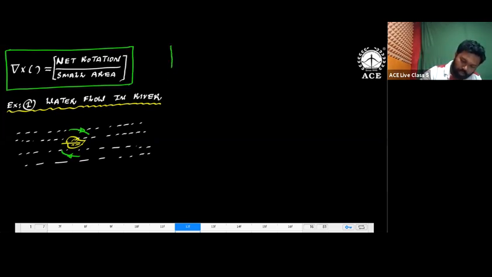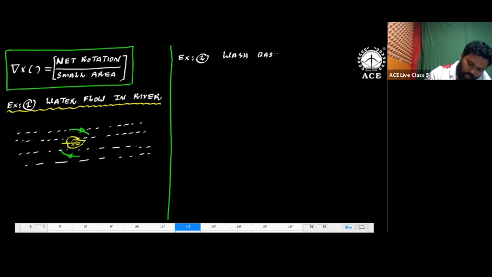Okay. Let us take one other example here. Example number 2: a wash basin, generally what you use to wash your hands. There is a tap here. If I open the tap, what happens?